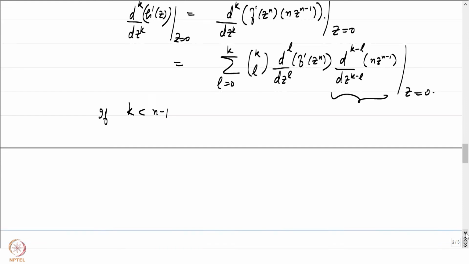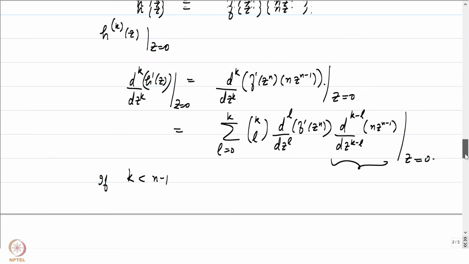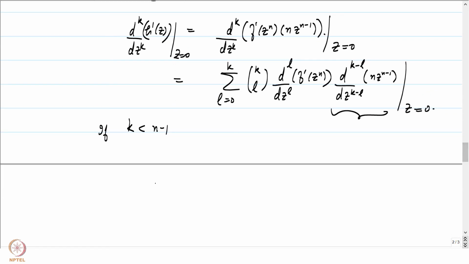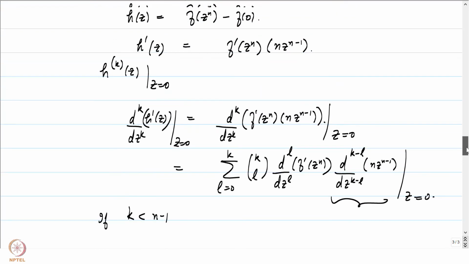Hence, we can directly conclude that h^(k+1)(0) is equal to 0 for k less than n minus 1. And that's the same as saying that for k less than n, we have h^(k)(0) equal to 0.